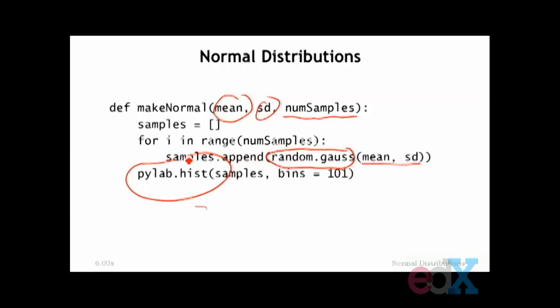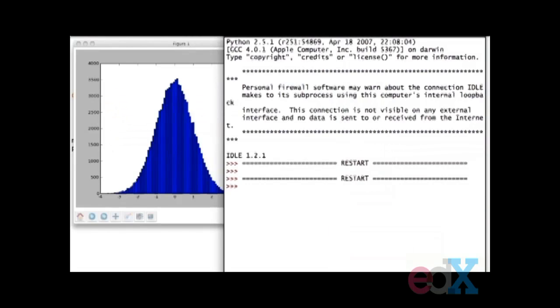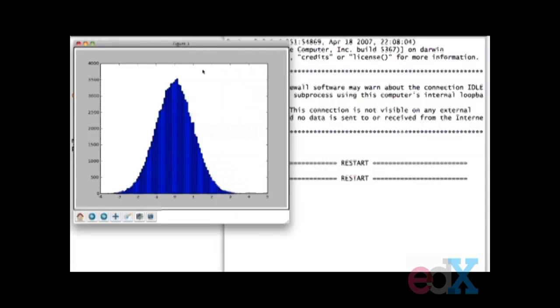Coming over here to the code window. I'll set the mean to 0, maybe 0.0, the same thing. The standard deviation to 1, and we'll look at 100,000 samples. Wow, it kind of does look like a bell, doesn't it? I'm sorry for my previous snarky comments.